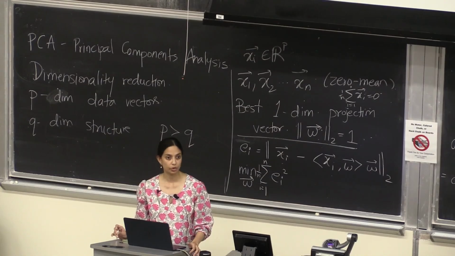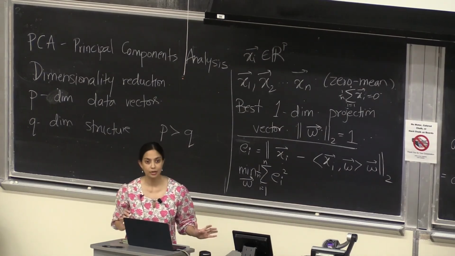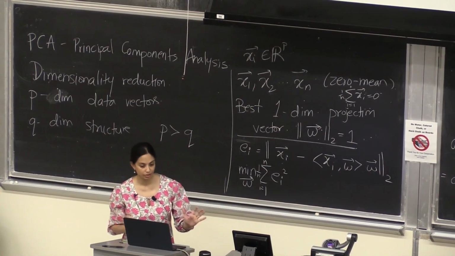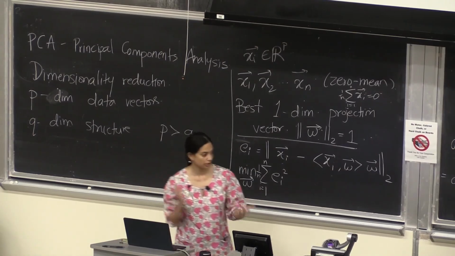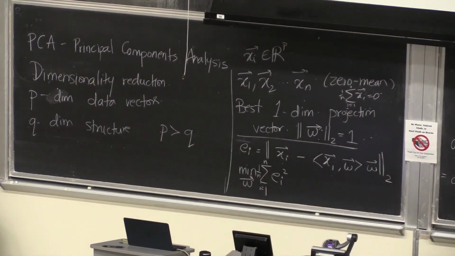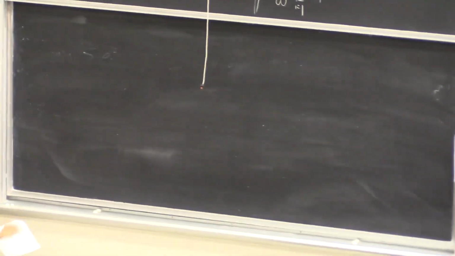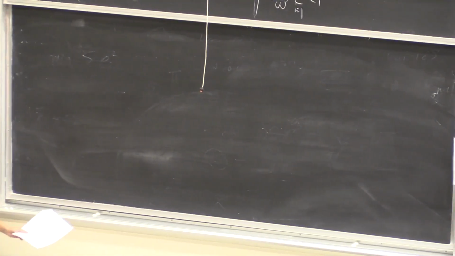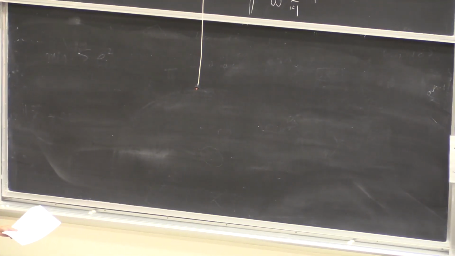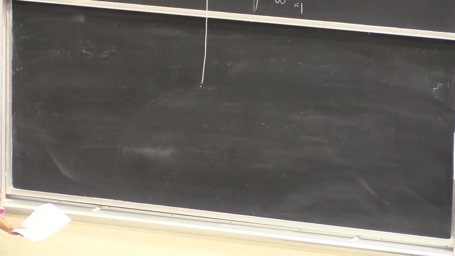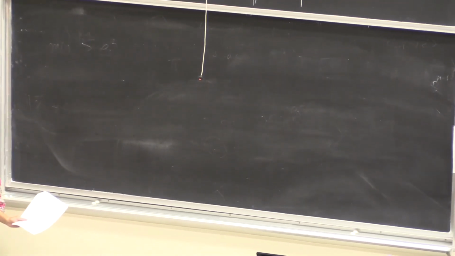OK. So I'm going to now do some math, and hopefully that will clear up the rest of the questions, because I think a lot of these are coming from what's really going on. So now, our goal is to find the first principal component. We're not yet talking about how to find the top k principal components. We're just trying to find the first one.